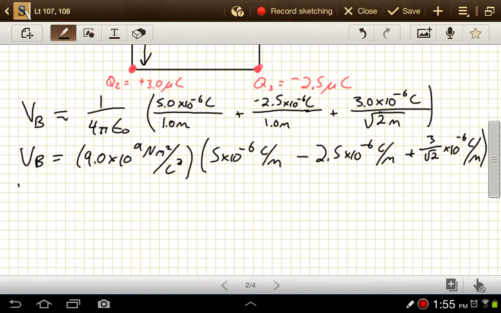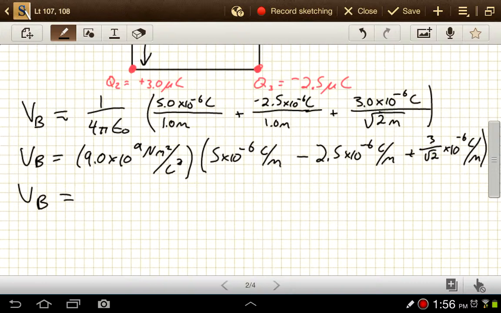Okay, so VB is going to be, and I'm just going to type all this in at once: 9 times 10 to the 9th times parentheses 5 times 10 to the negative 6th minus 2.5 times 10 to the negative 6. I should have just done overall 2.5 times 10 to the negative 6. Oh well, plus 3 over square root of 2, and that's also times 10 to the negative 6th.